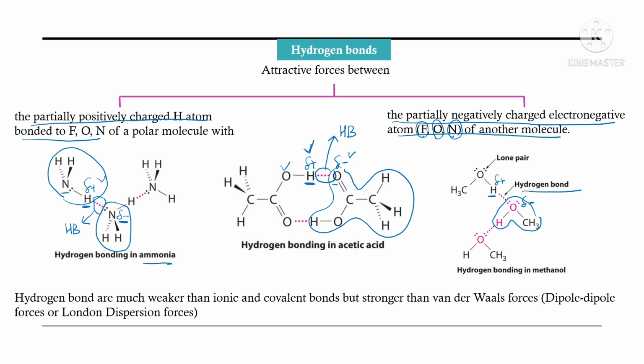The attractive force between the partially positively charged hydrogen atom with the partially negatively charged oxygen of another molecule is the hydrogen bond. And this hydrogen bond is much weaker than the intramolecular forces, such as ionic bonds and covalent bonds, but much stronger than the van der Waals forces, such as dipole-dipole forces or London dispersion forces.